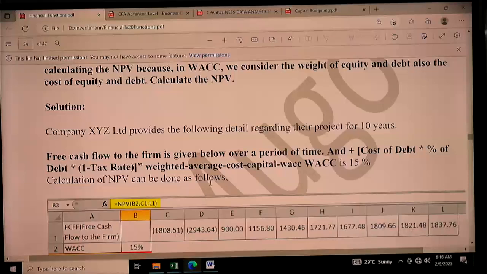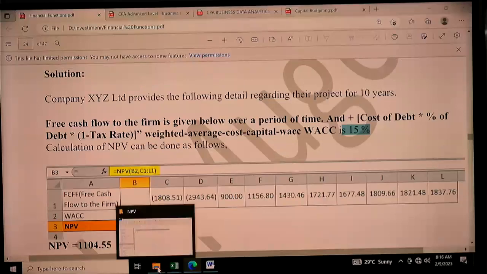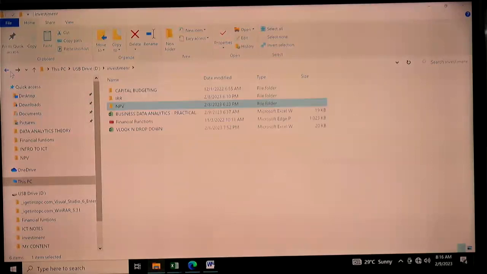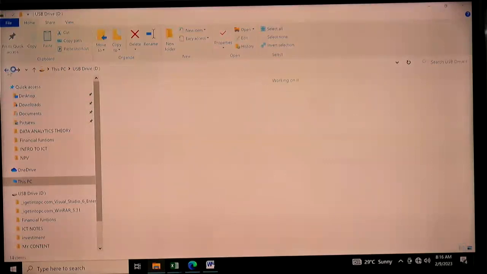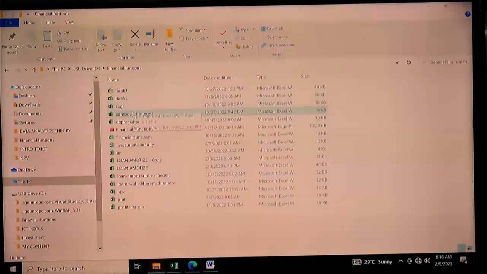And again, we are given the discount of 15%. If you are to compute the net present value of this, then here we can use the Excel function. Why? Because the net present value in Excel will work when you are given that series of payments. So let's see how this function will work.